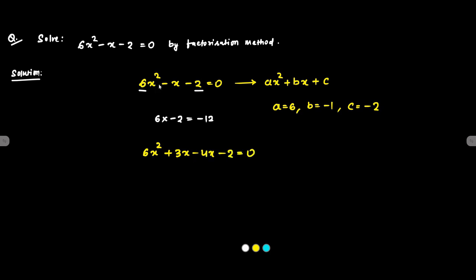If we write this equation 6x square minus x minus 2 is equal to 0 in this format, there is nothing wrong. We have just replaced minus x with 3x minus 4x. So now we have to factorize it.